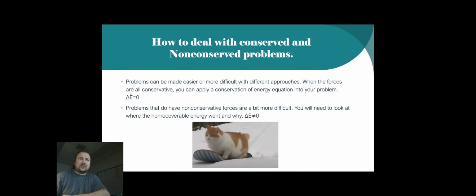It means that the total change in energy must be zero, and you can add up all of your energies, whichever they may be. They could be kinetic, gravitational potential, or spring potential, but the total amount of energy doesn't change. So the change in energy is zero, and you can use it like an equilibrium equation to solve for what you need.